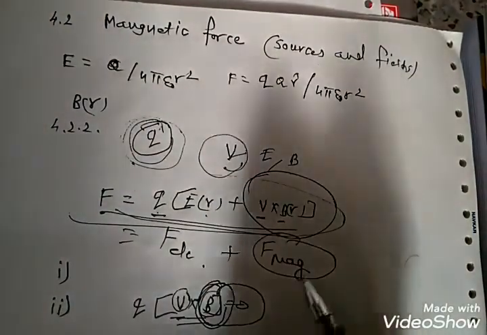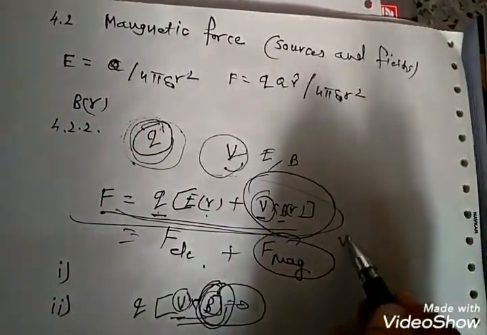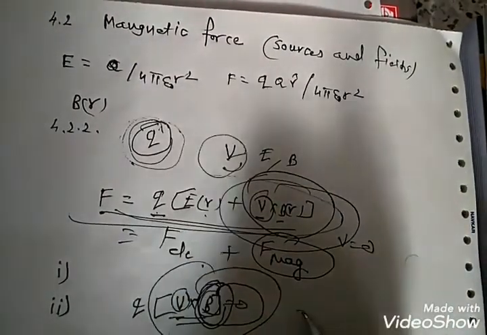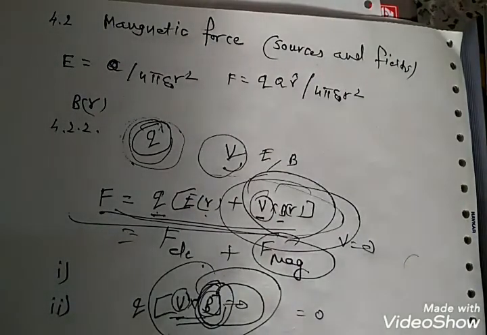Suppose v is equal to 0, so the magnetic portion is also equal to 0. So only a moving charge feels the magnetic force.